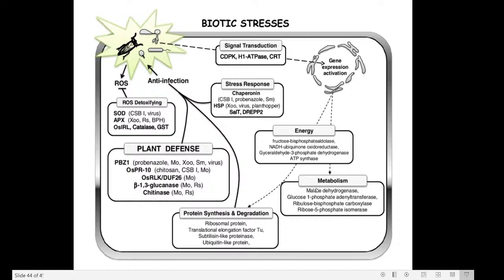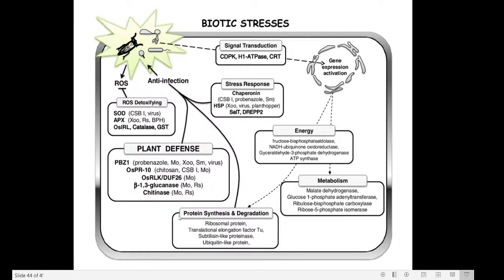Due to the activation, metabolism or protein metabolism is stimulated, and protein synthesis and degradation are allowed. Ribosomal proteins are activated, translation elongation happens with the EF-Tu factor, and ubiquitin-like proteins are activated. This helps to produce the anti-infectant. That anti-infectant acts against the biological molecule.